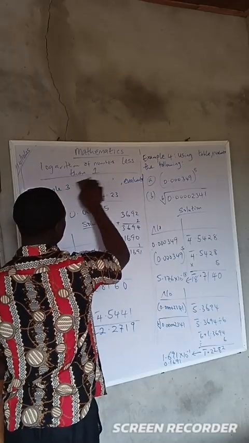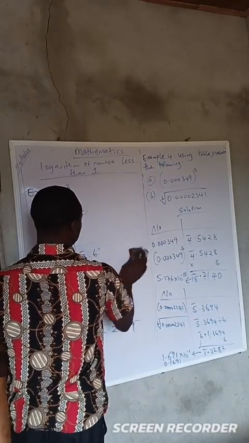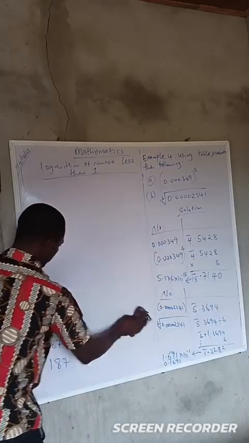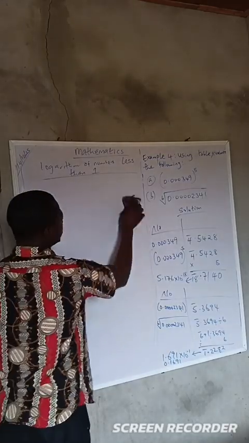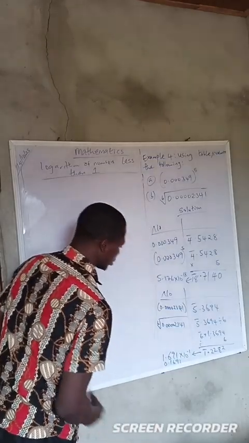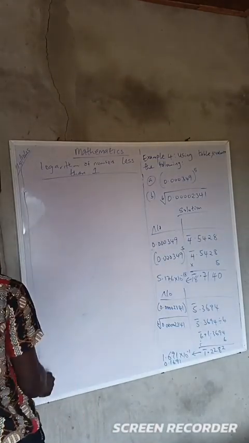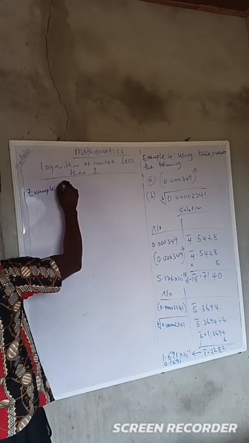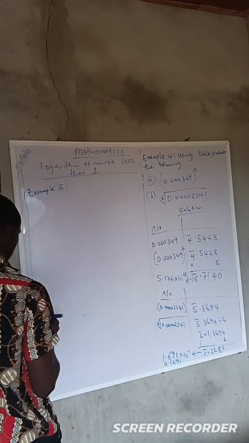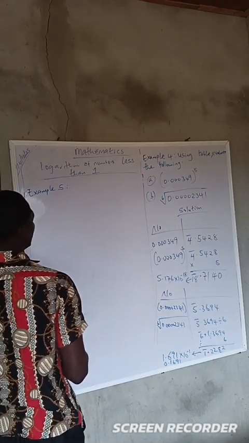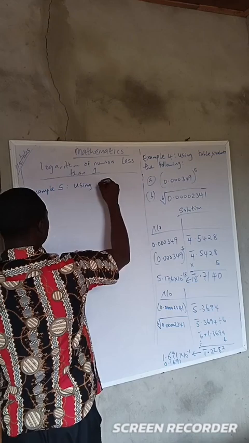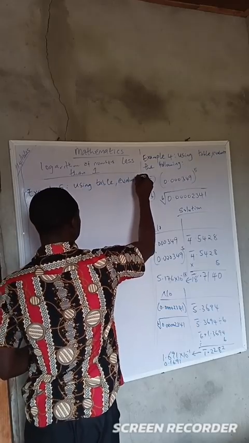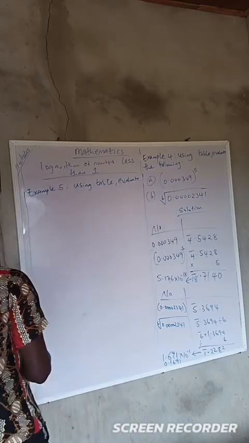So that's example 5 now. Example 5. Evaluate using table.